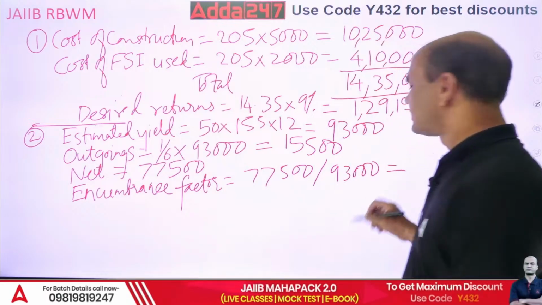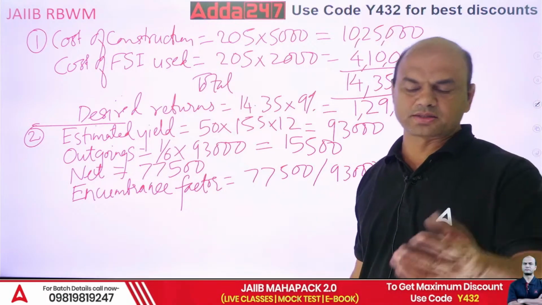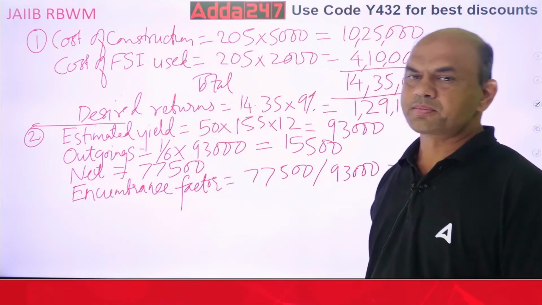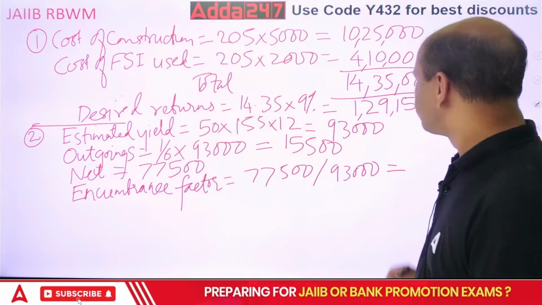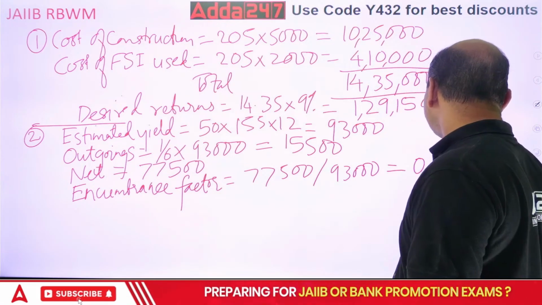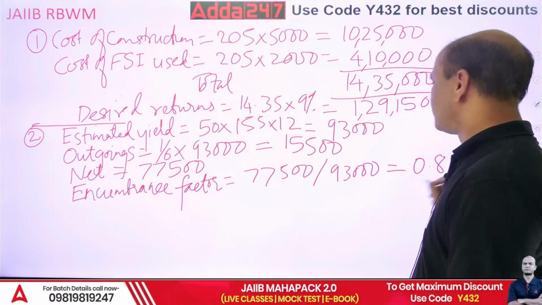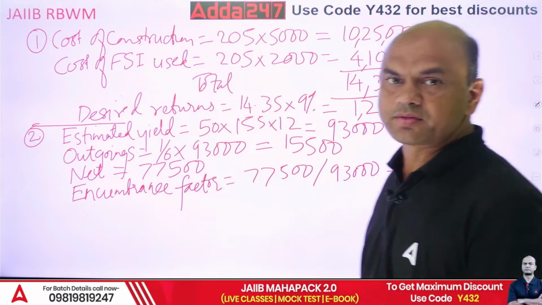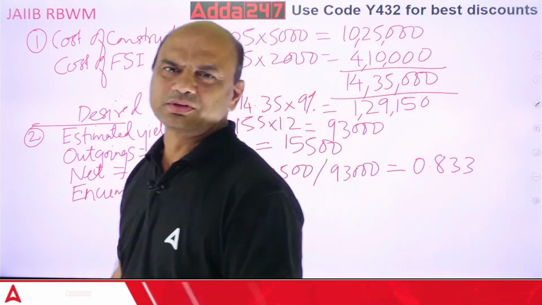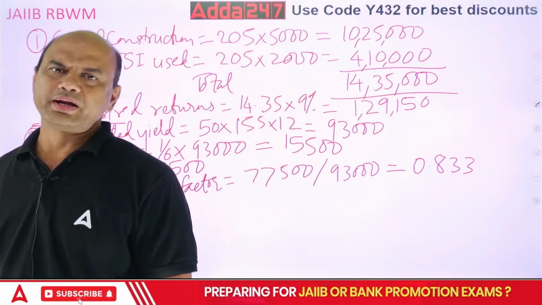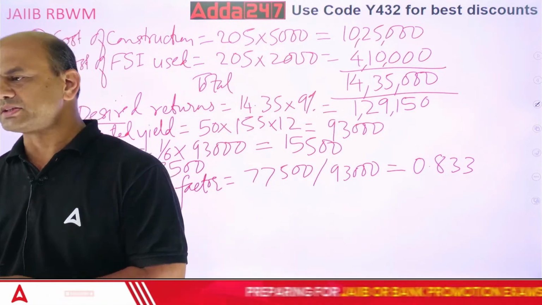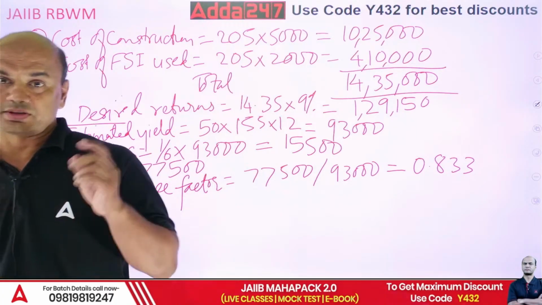Everyone do it. So it is 0.833. Are you getting this? I've got it from your comments. 0.83. Okay, this much is your encumbrance factor. First answer, you got it.